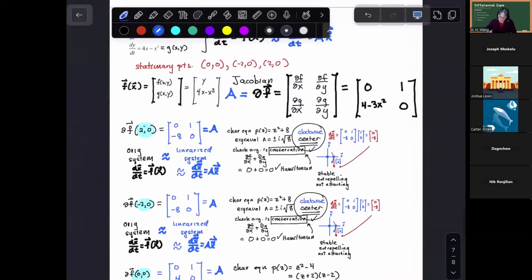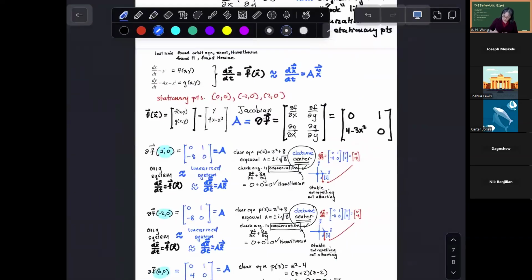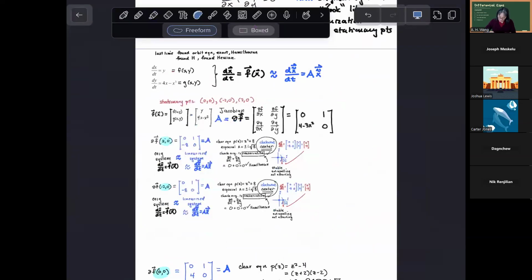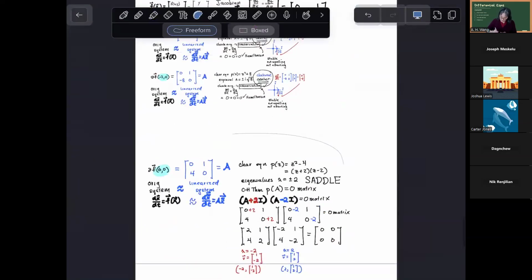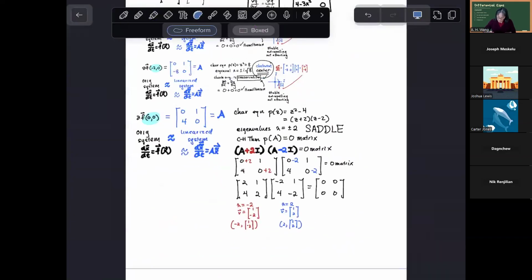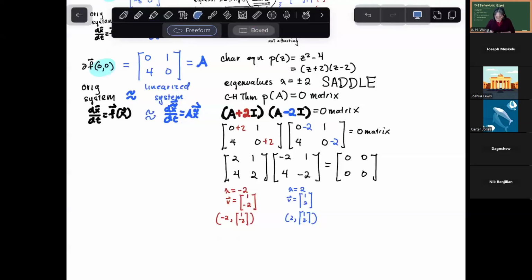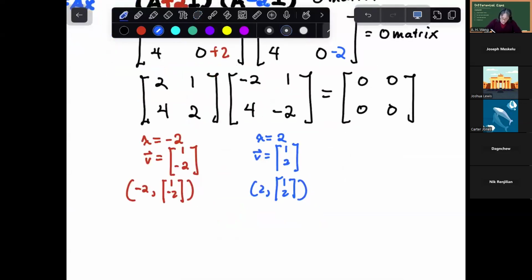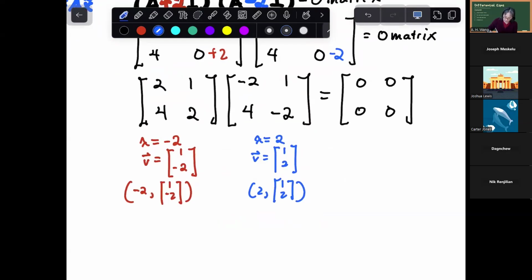Okay, so let's see. These guys right here, looking at this, we want to write down the eigenvector line. So does everybody see that with this one, the eigenvector line is this?